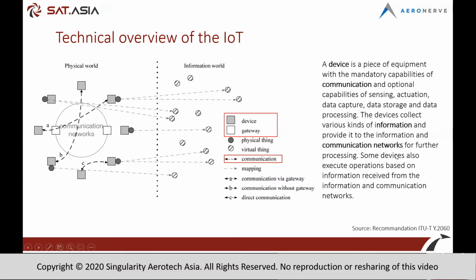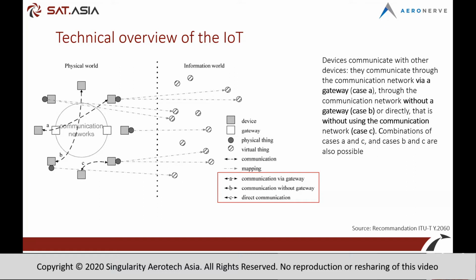And this device collects various kinds of information and provides it to the information world through these networks, and it also executes some operation based on the information received from the network. So it works both ways. You give information and you can also receive information and act upon it.